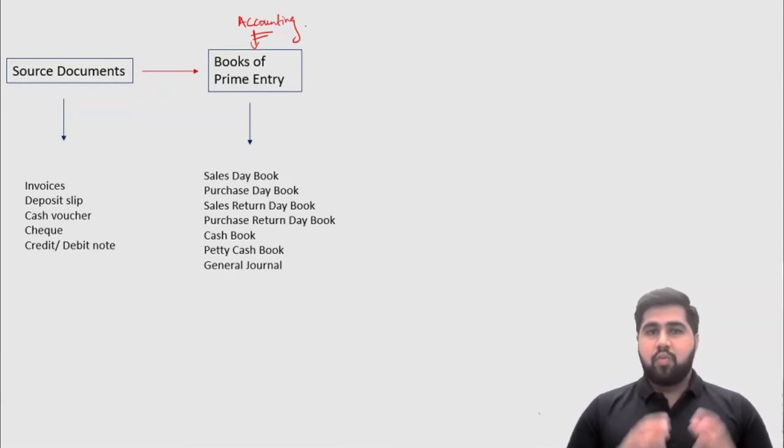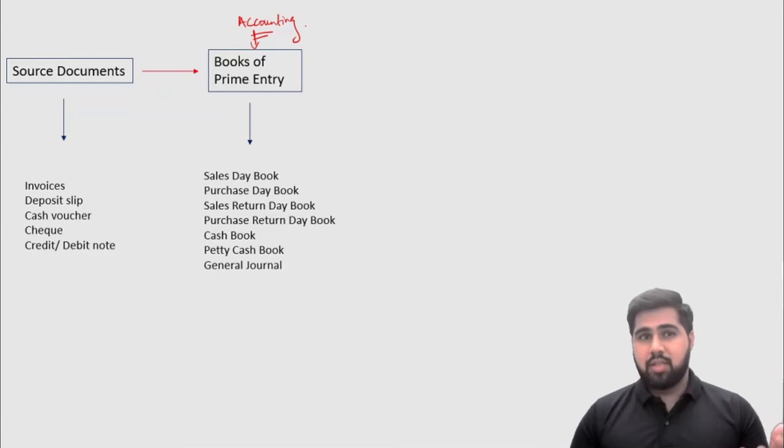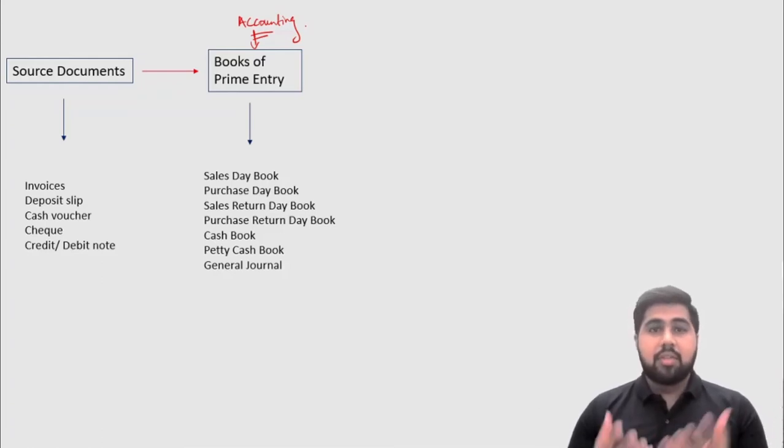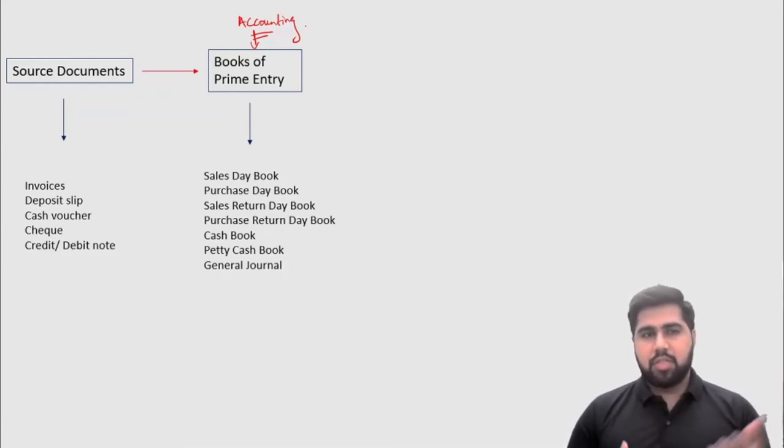Now, once you have recorded the evidence, what is the evidence? The source document, into the books of prime entry, right? Once you record the evidence, once you have a valid business document, the impact of which you record in the first accounting book, that is when you start summarizing at each stage.